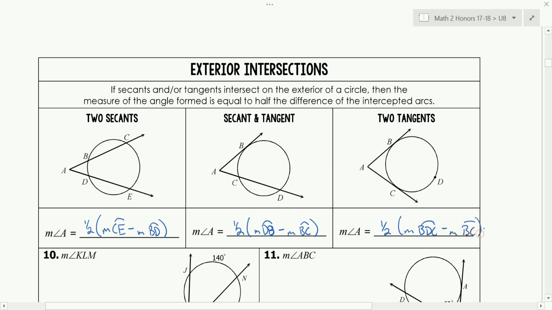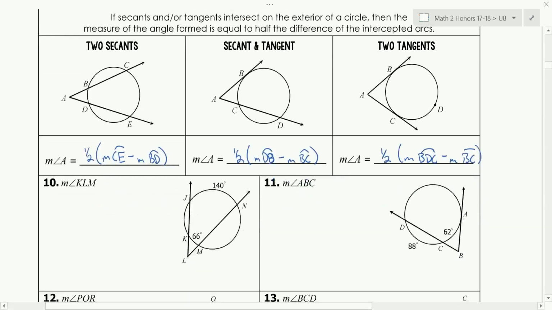Okay. So seeing these side by side, these were three different theorems that we proved. Seeing them side by side, you start to say, okay, all three of those have to do with the vertex of an angle outside the circle, and we're getting the same kind of formula for all three of them.